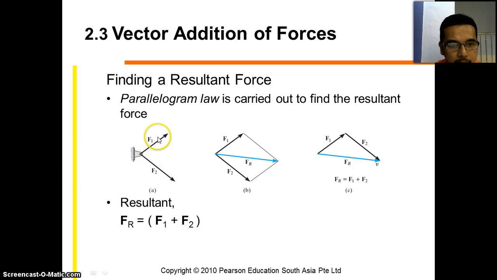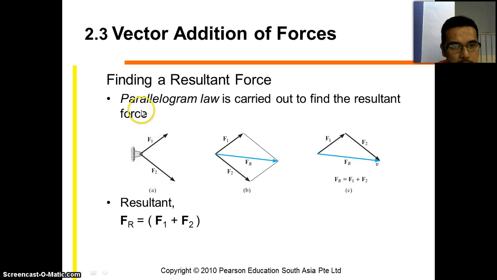For example, at this hinge joint at the wall, two forces, F1 and F2, are subjected to this hinge. We want to find the final direction of this hinge, so we need to find the resultant force of these two forces, F1 and F2.